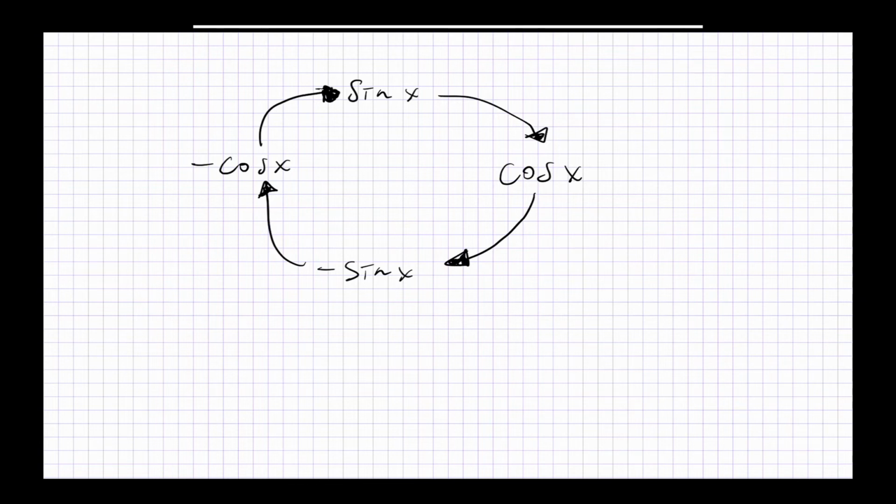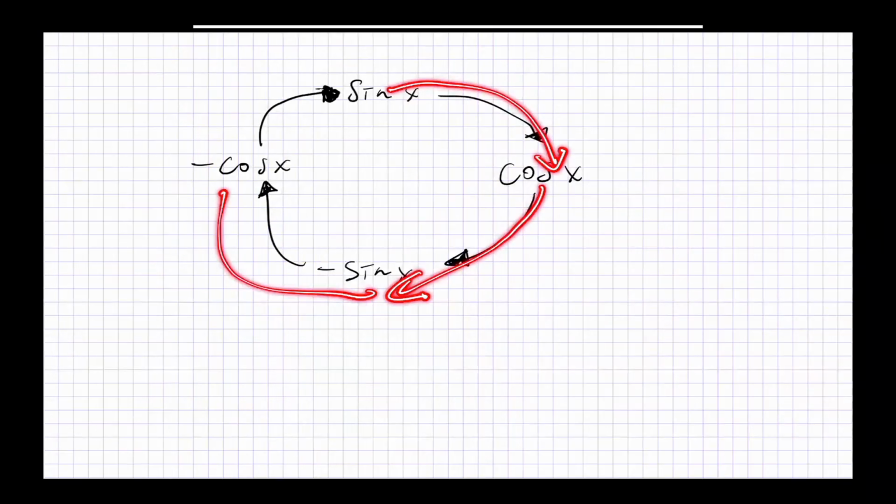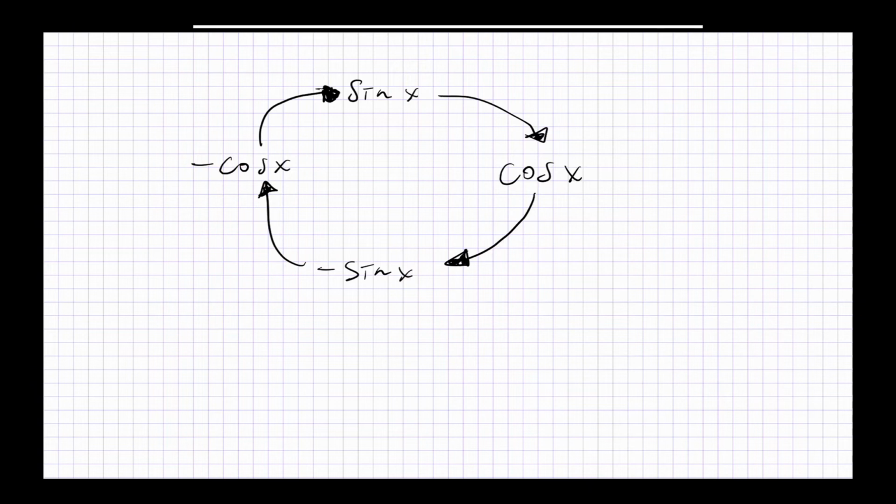They're going to say, what's the fourth derivative of sine? You're like, oh man, fourth derivative. Well, you just go first derivative, second derivative, third derivative, fourth derivative. You get back to yourself. The fourth derivative of sine is itself.